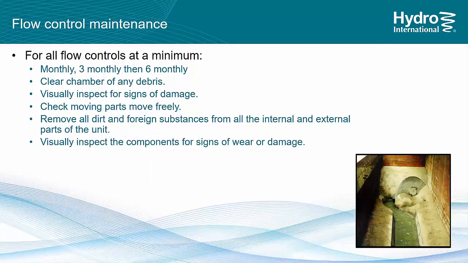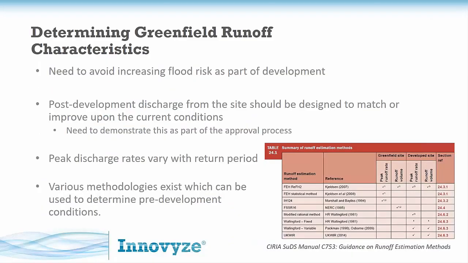Fantastic. Cheers, Chris. So we're going to start moving into a real-world example of this, but it's really interesting to note some of the points there, in particular the ability to start thinking about those smaller flow control rates, that a lot of people tend to be bumping up to the good old 5 litre per second minimum discharge rate.